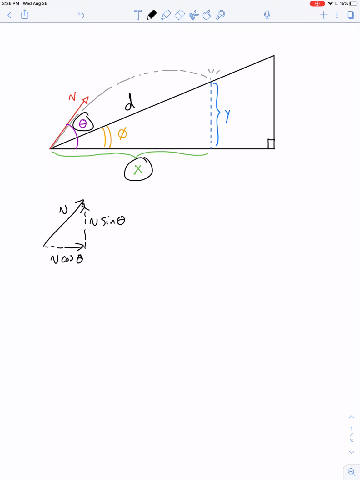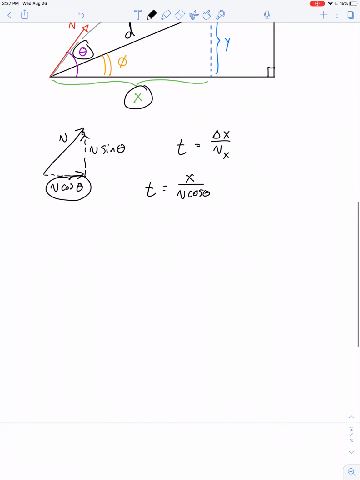So if I know a distance and a corresponding velocity, I should be able to figure out time. So the time it takes until the projectile makes impact here is equal to the horizontal displacement divided by the horizontal velocity. So the time the projectile spends in the air is x over v cosine theta. Okay, so that's a study of the horizontal motion.